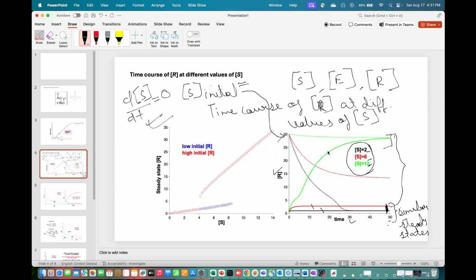And if you plot R versus time, it depends on the concentration of S at different time points. So basically R depends on the concentration of S, and as you can see, there is a bistability in R, because at the lower values of S, they have similar steady states.